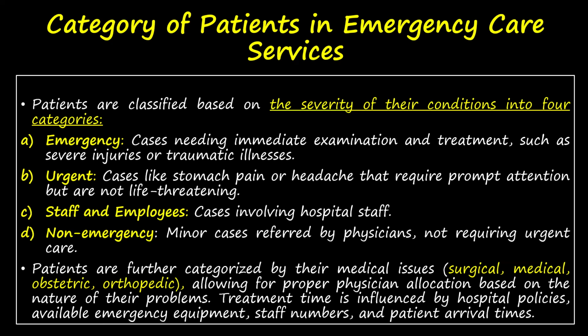Sometimes during accidents, even the staff and employees are affected by the cases. Then non-emergency: minor cases referred by a physician, not requiring urgent care. Sometimes after an accident or a disaster, there are cases that don't require immediate attention, so we can just refer our patients to physicians.